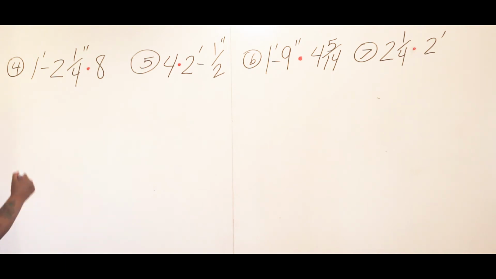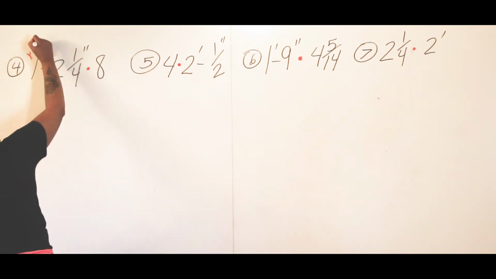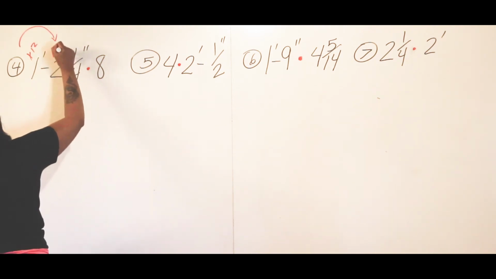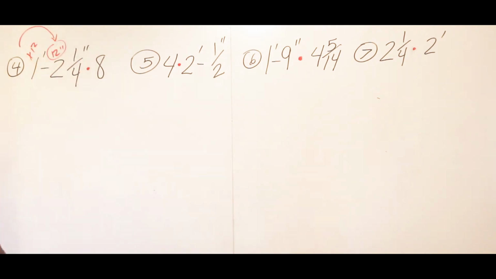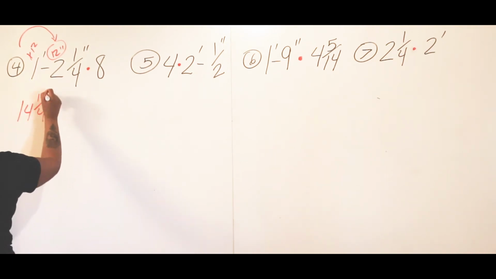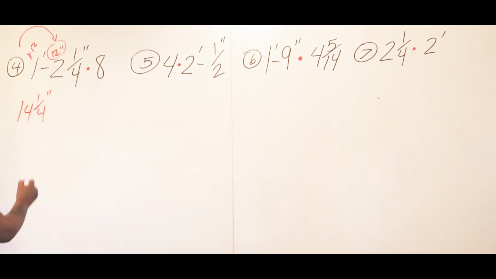Convert it to inches by multiplying by 12. 12 times 1 gives us 12 inches. We're going to add 12 inches to the 2 inches that we already had, because we got a mixed number of 2 1/4 inches, but now that mixed number reads 14 1/4 inches.